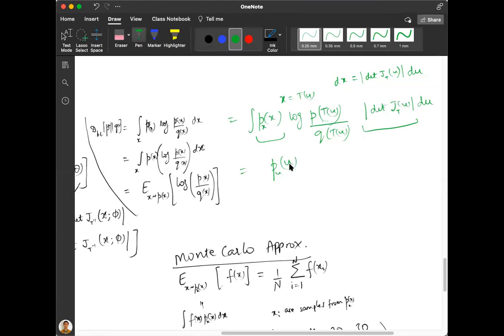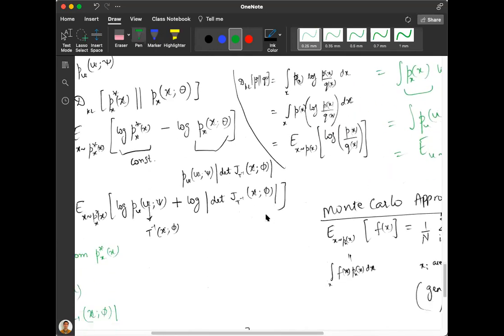These two combine to form pu. Then log the same thing times du, integral. So which is equal to the expected value, u sampled from P of U, of log of P of T of U upon Q of T of U, basically. So that's how we can write it like this.